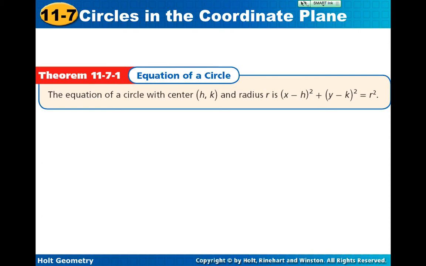Well, the center is the h and the k, and the radius is the r. So it'd be (x minus 4) squared plus (y minus 2) squared equals 3 squared, or we could write 9 in that place. That is what the equation of a circle looks like.